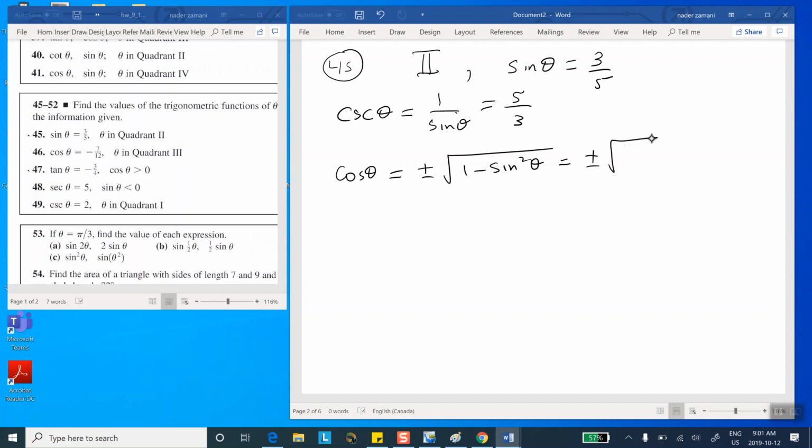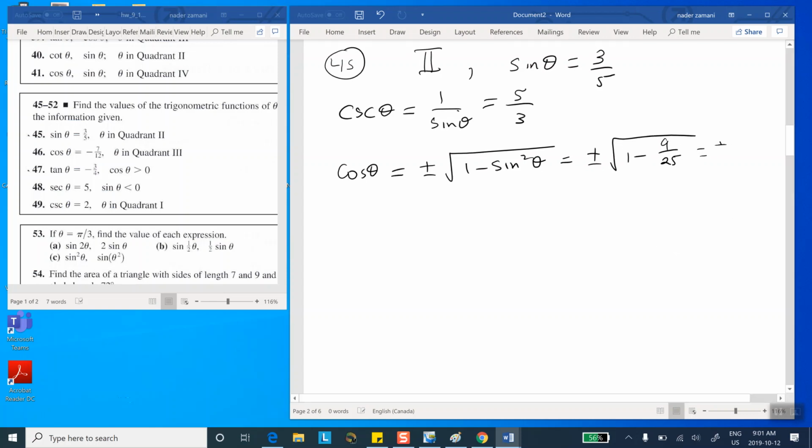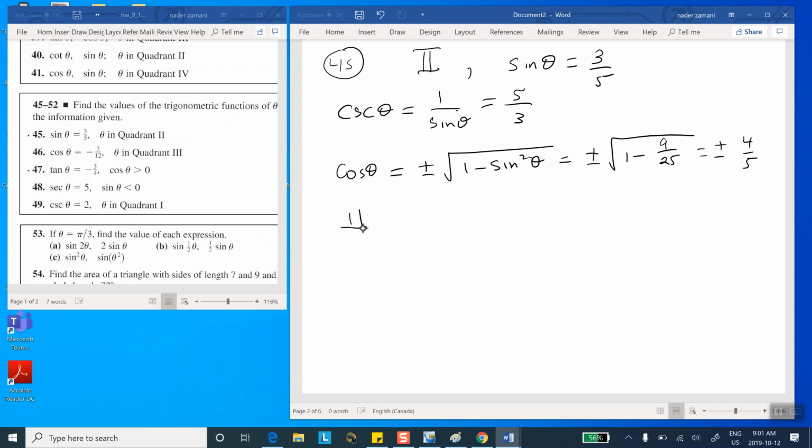So plus or minus square root of 1 minus 9 over 25. This is square root, and this is plus or minus. If you do the algebra, you get 4 over 5. Now, quadrant 2 implies that cosine is negative. That means the correct algebraic sign is actually minus 4 over 5.